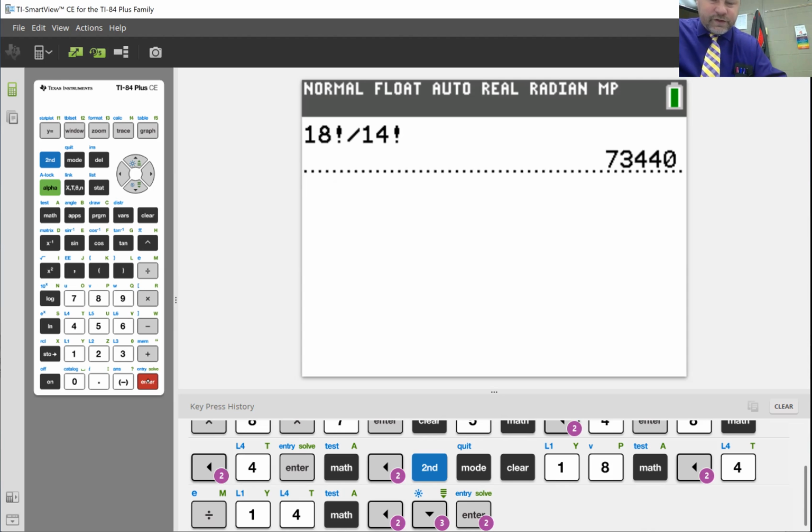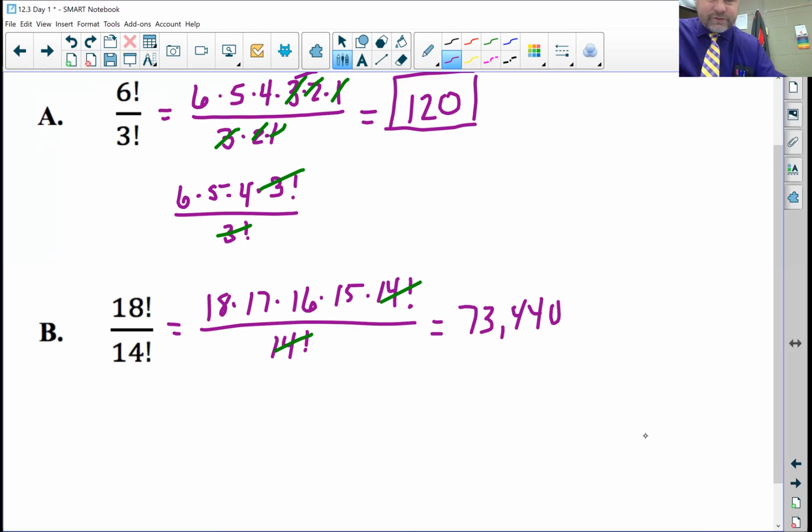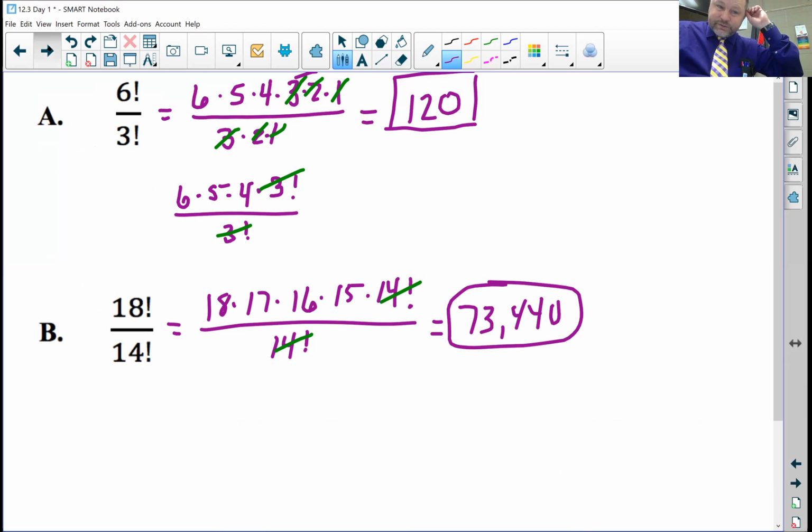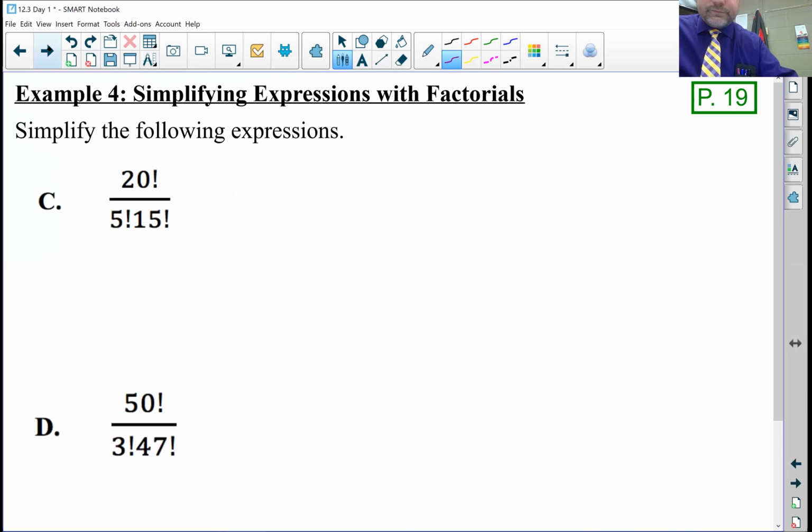And the calculator comes up with the same answer as I had and a couple of you had on the chat. It gets a little more difficult if you have more than one factorial. In this case, I'll show you the calculator first, and then I'll come back and take a look at doing it by hand.